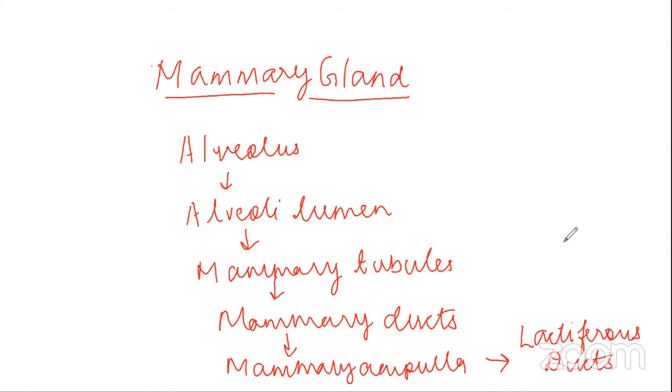So this is the organization that takes place. So milk production starts in the alveolus, comes to the lumen, then to the mammary tubules, then to the mammary ducts, to the mammary ampulla, and from here it comes to the nipple area. So did you follow this?